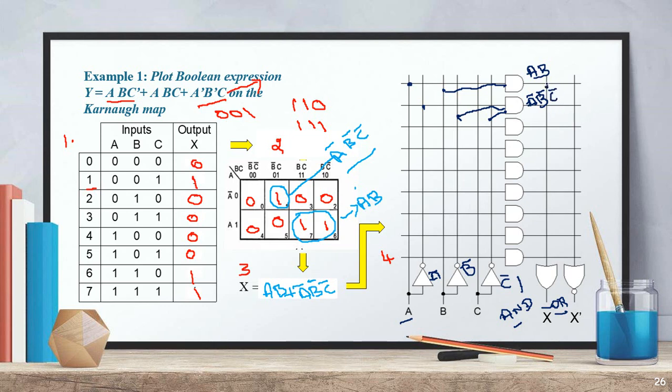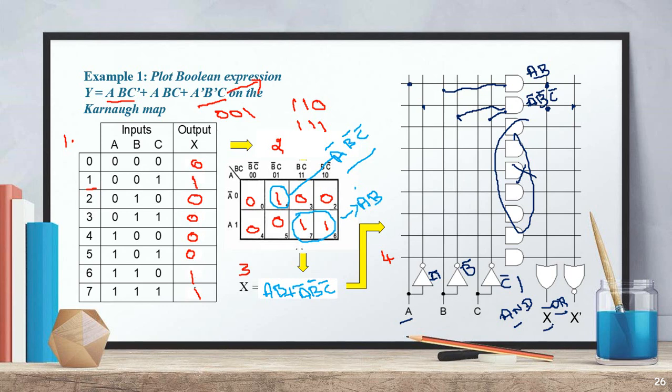From the first one we are adding, and from the second one also we are adding. You can take something like a straight line. Wherever the dot is there, it is connected, and all these other portions are not required now. So these two are added and OR gated, and we got the final answer X.